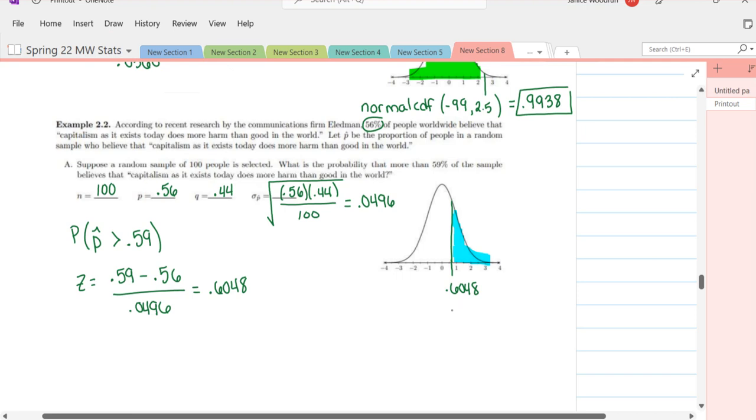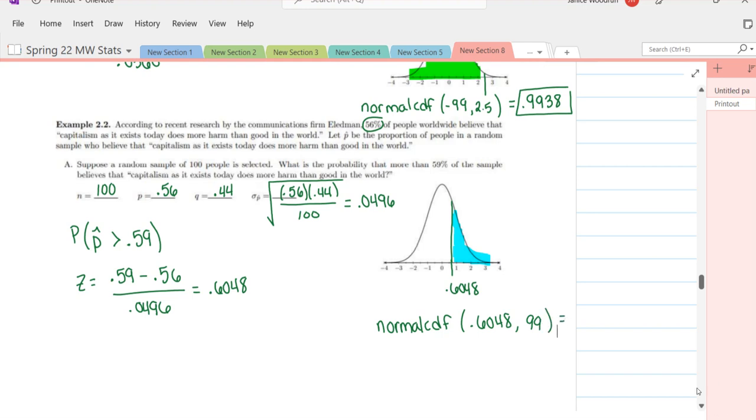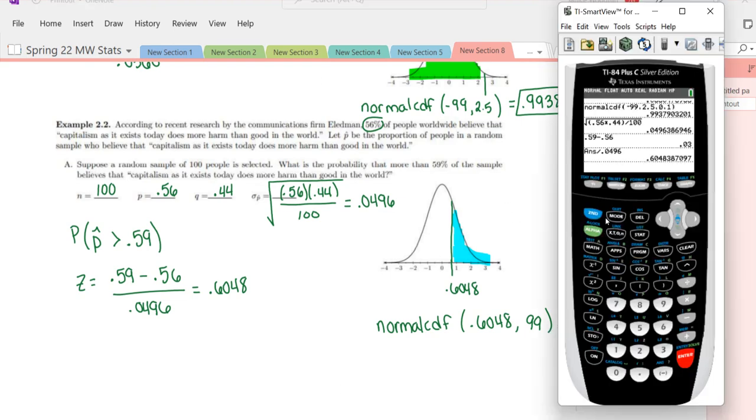And then for the probability, we will go normal CDF. 0.6048 for our lower limit, upper limit 99. Keep the mean and standard deviation at 0 and 1, and we get 0.2727.